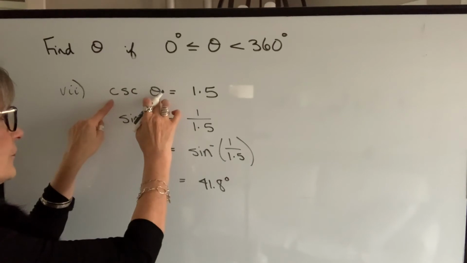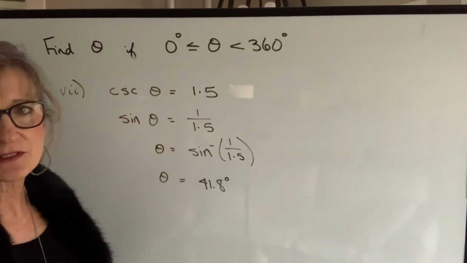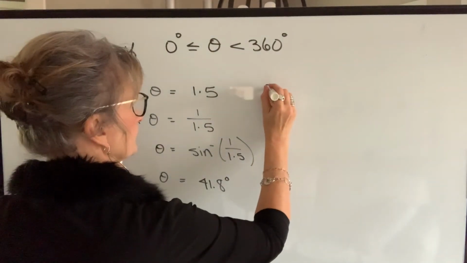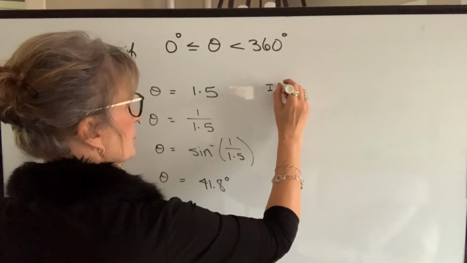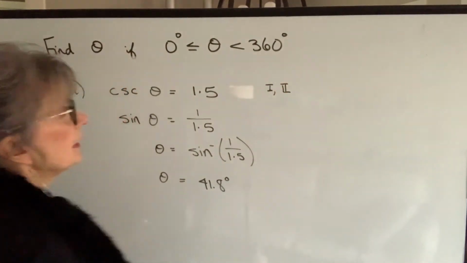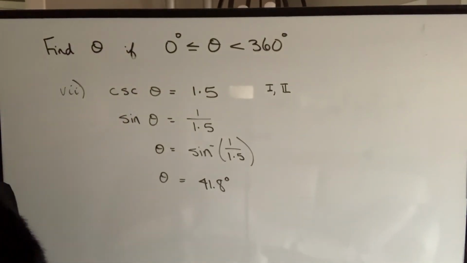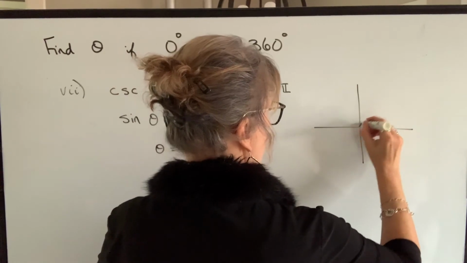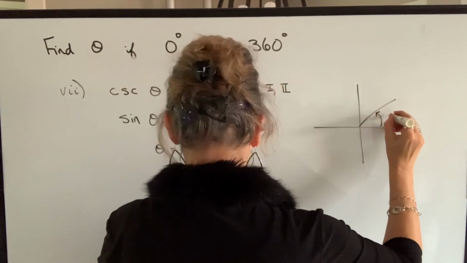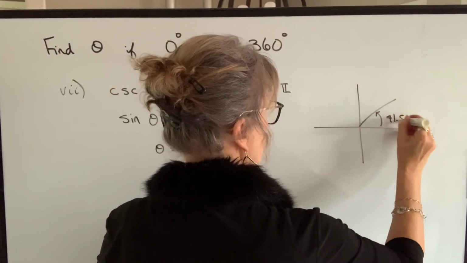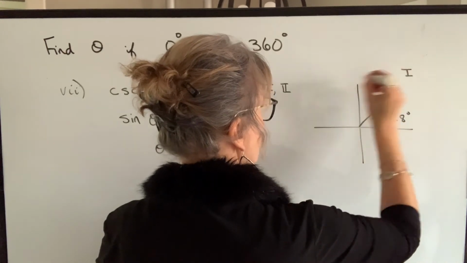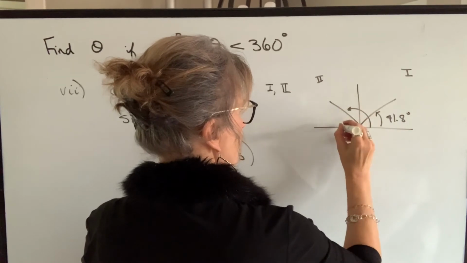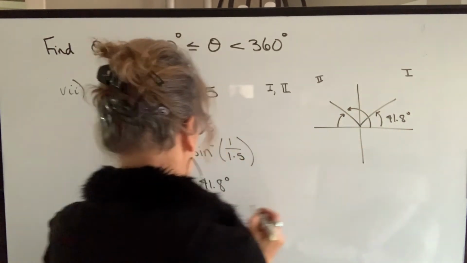Cosecant will be positive wherever sine is positive. So we know that sine is positive in quadrant 1 and in quadrant 2. So we need to find the angle in quadrant 2. If we have 41.8 degrees of rotation from the horizontal, to find the angle in quadrant 2, we subtract that amount of rotation from 180 degrees.